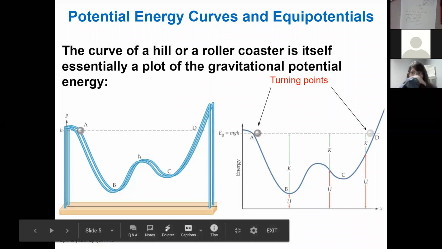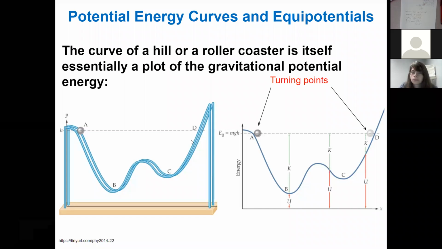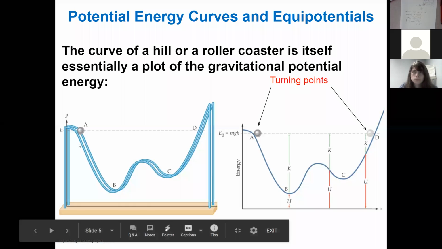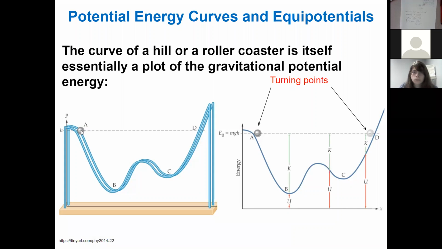Now in reality, there's a small friction. So eventually this ball will stay either at point C or point B, because the friction will reduce the total energy. So at the end, the kinetic energy will be all dissipated by the friction force. But in this track over here, if you represent the energy at each point, that is a combination of potential energy and kinetic energy.